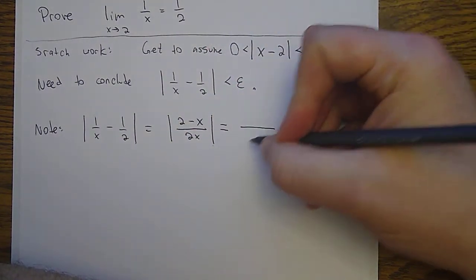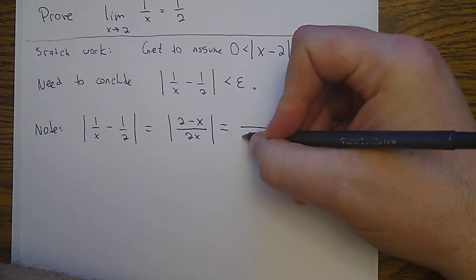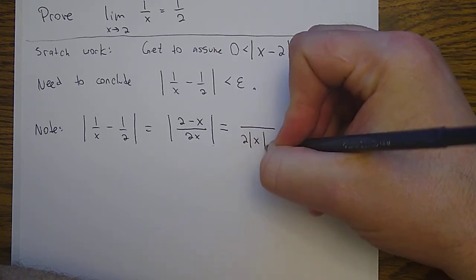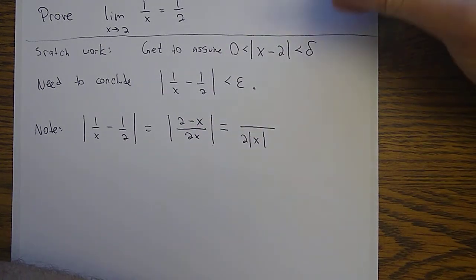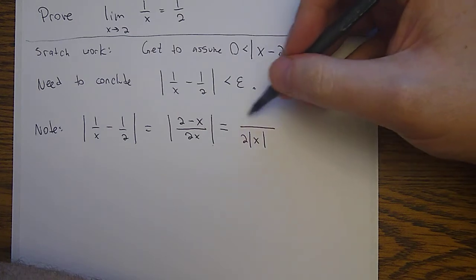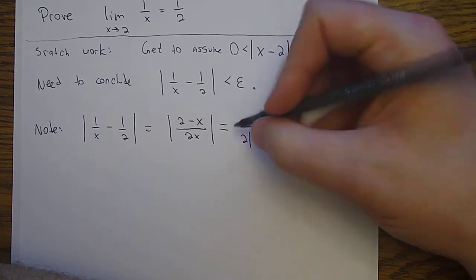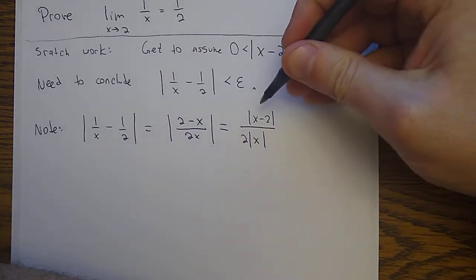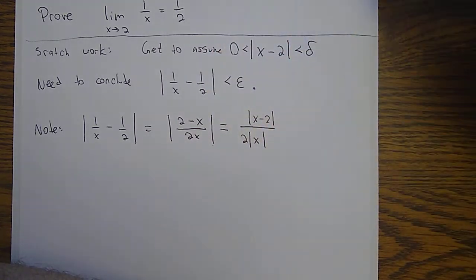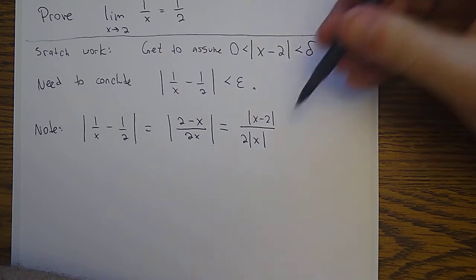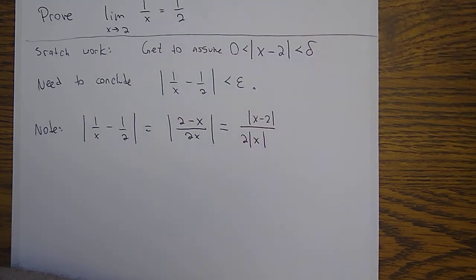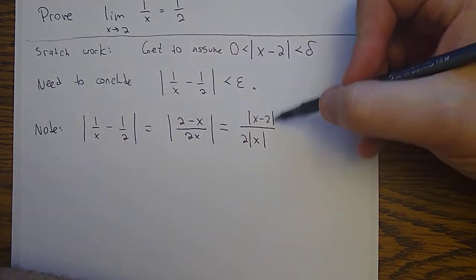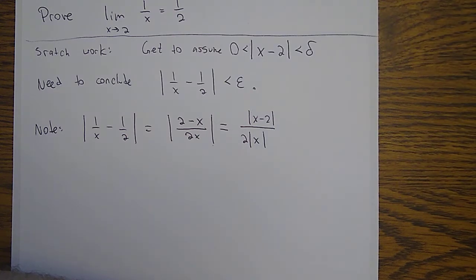Also, I can pull the 2 out of the bottom. And on the top, instead of writing the absolute value of 2 minus x, let me write x minus 2. This is the same thing. x minus 2 and 2 minus x are negatives of each other, but since this is inside of an absolute value, it's the same thing.